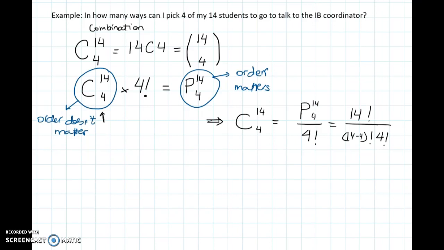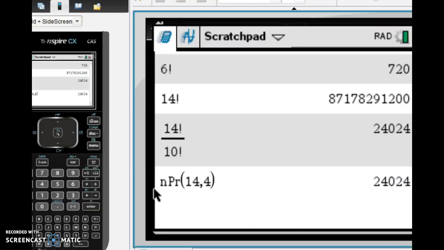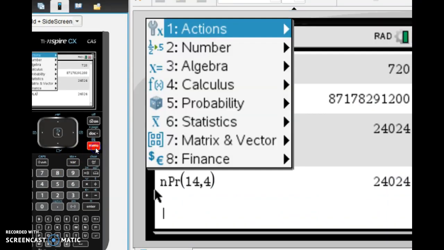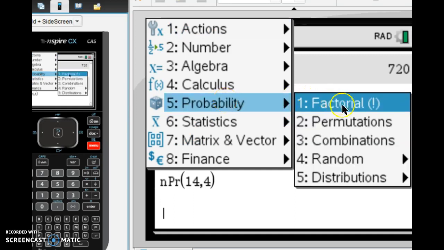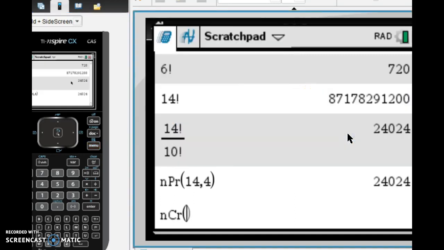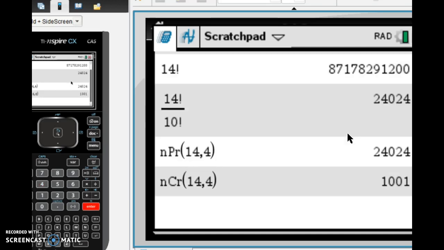And let's go to the calculator and see how much this is. Again, we can go to menu, probability and combinations. And there we go, we have the nCr number. The n is the number of objects, 14 for us. The r is how many we are taking at a time, 4 for us. And the result is 1001.